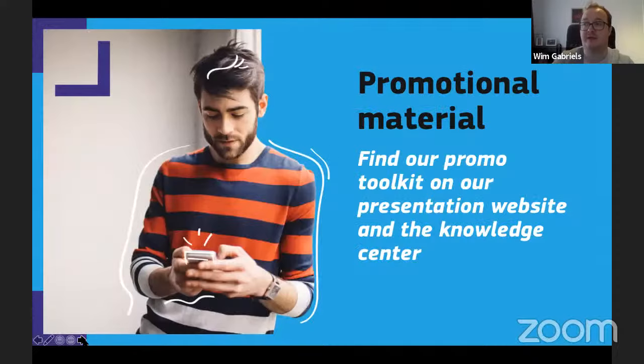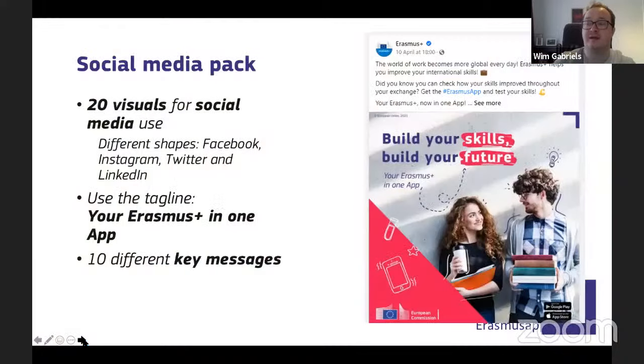And when it comes then to the promotion material, we have created the promo toolkit that can be accessed on the presentation website and the Knowledge Center. You will find here a social media pack that has 20 visuals for social media use in different shapes for Facebook and Instagram, Twitter or LinkedIn, or even for Facebook and Instagram stories.